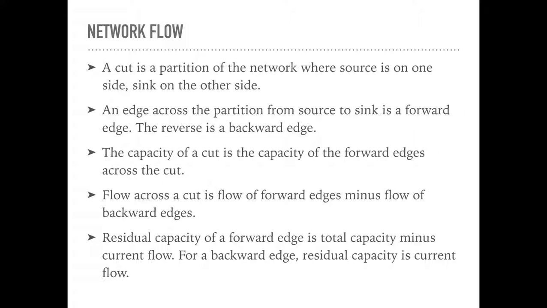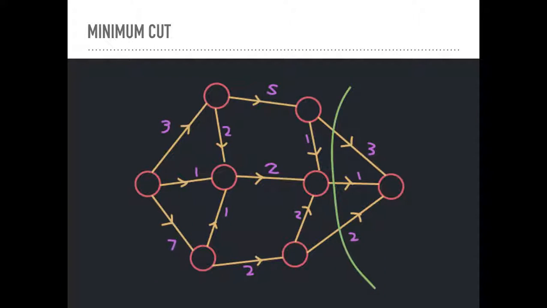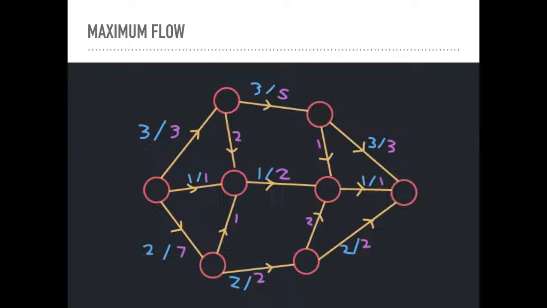The residual capacity of a forward edge is the total capacity minus the current flow. For a backward edge, residual capacity is just the current flow. So let's have a look here at the same network.